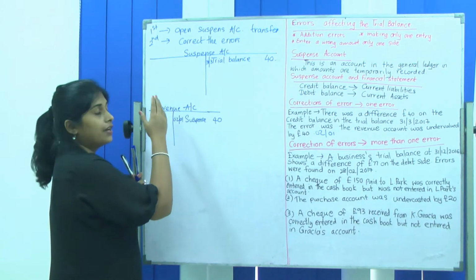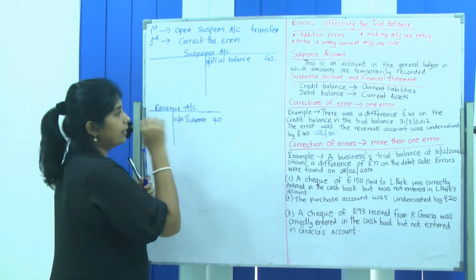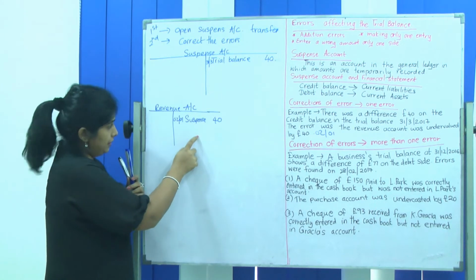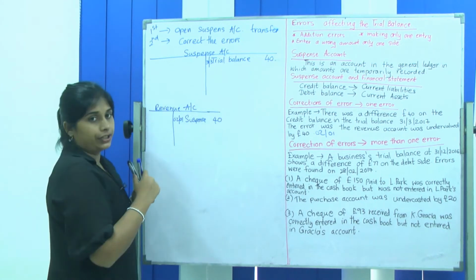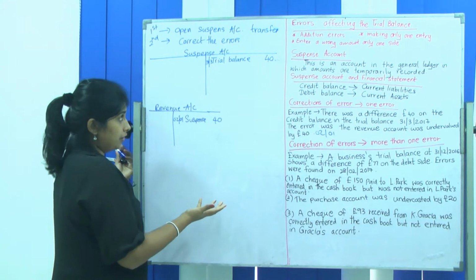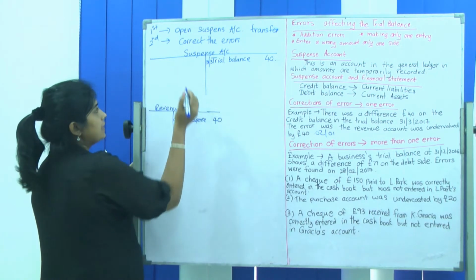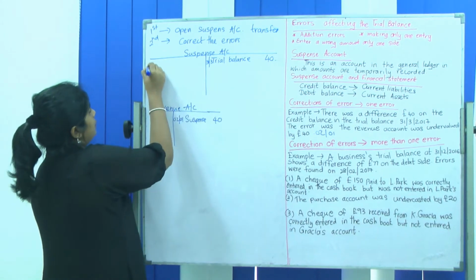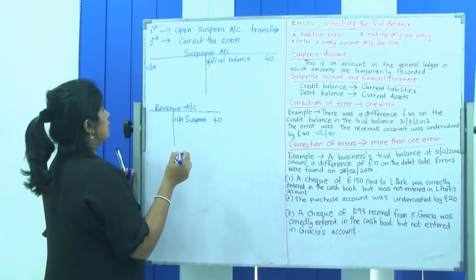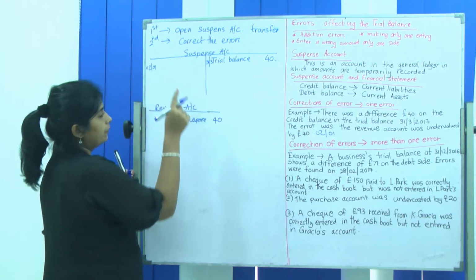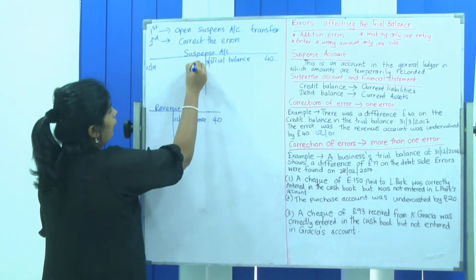So to increase revenue, which is an income, income when it increases will be credited. So here you have to credit 40. Then there is no other account. So what is the account? You have to debit it to the suspense account. So it will be debited to the suspense account on 2nd of January, 40.